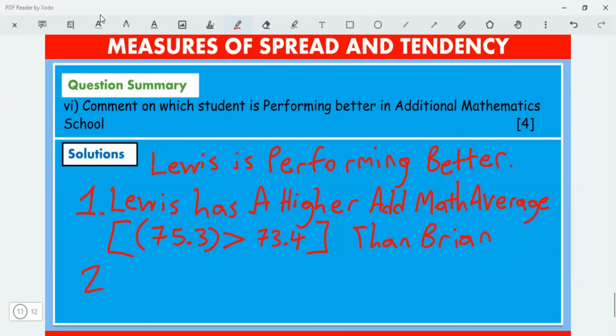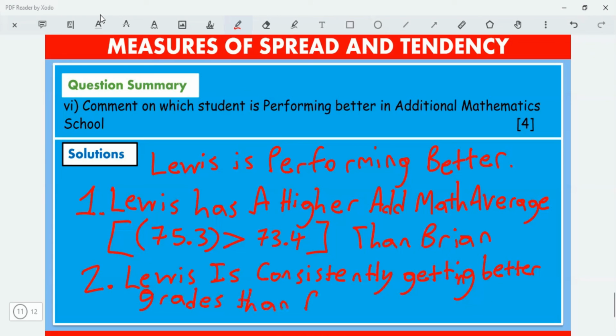The next reason that you can give is that Lewis is consistently getting higher, better grades than Brian. How do we know that?